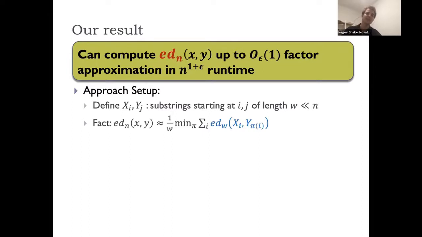And the approach is that basically we do alignment over substrings. So we define the xi and yj, which are substrings starting at position i and j in the string, and the substrings are of some fixed length w. And it's not so hard to show that the edit distance between the 2 strings is the minimum over the optimal alignment for edit distance of size w over all positions, normalized by this size w.